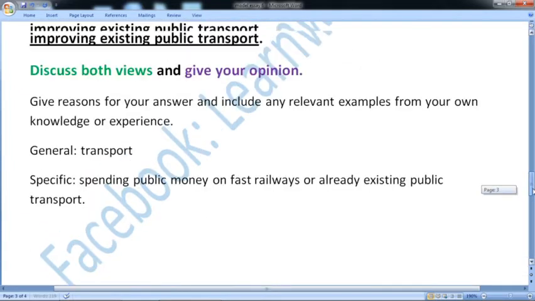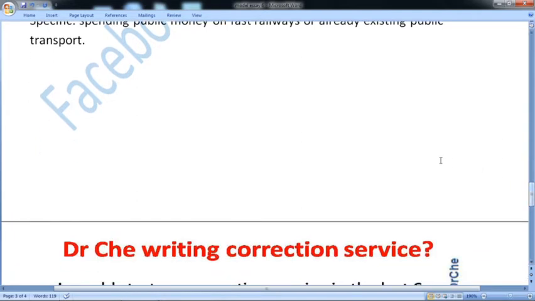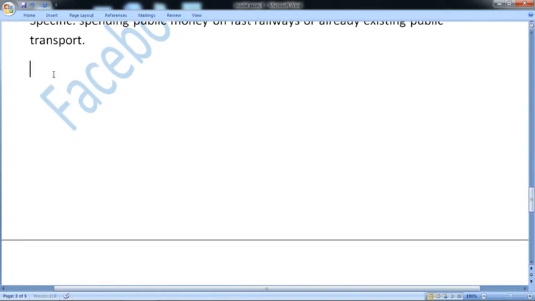Then we would go for brainstorming. I would randomly think about what ideas come to my mind. Opinion one is spending on fast railways.